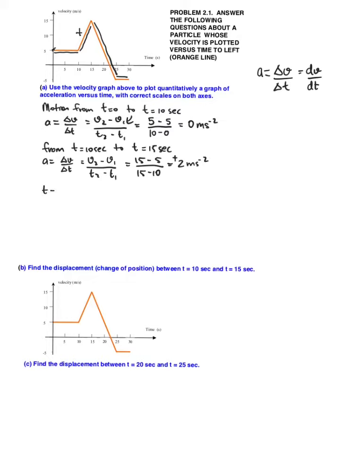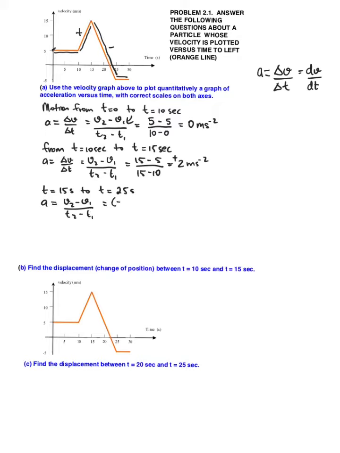So from t equals 15 seconds to t equals 25 seconds, we have a negative slope. See, the slope is downwards. So we just have to use our same expression. Acceleration equals v2 minus v1 over t2 minus t1.